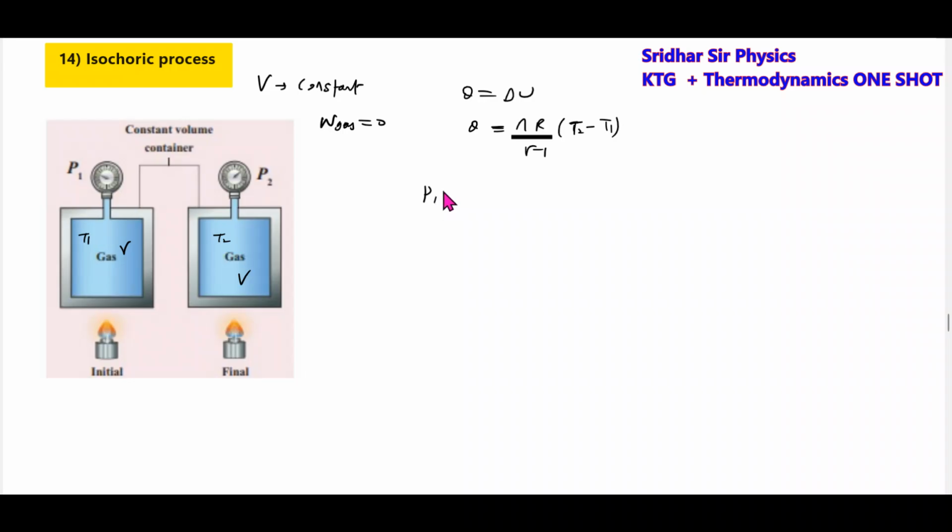Then P1V equals nRT1, P2V equals nRT2, so P1 by T1 equals P2 by T2.